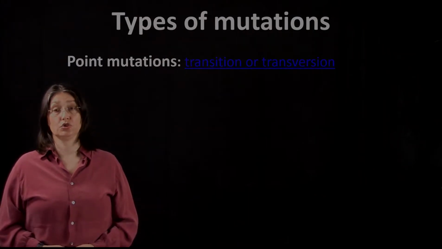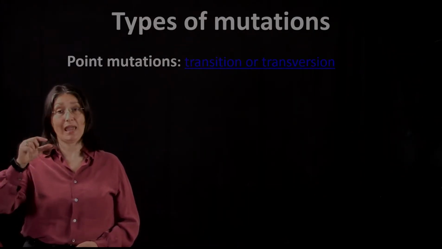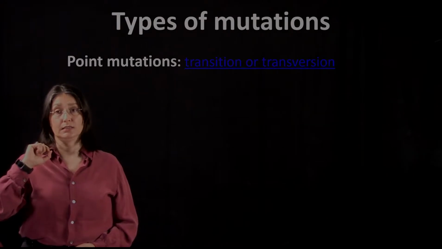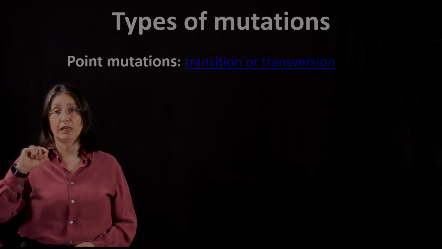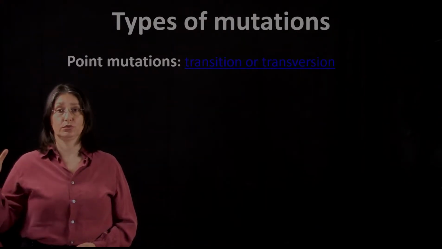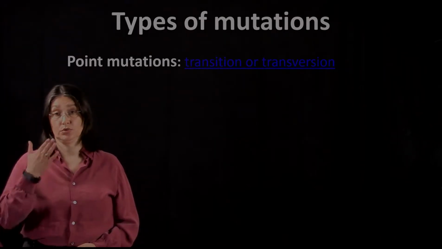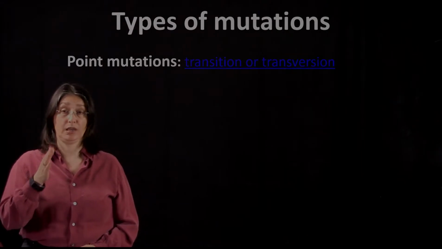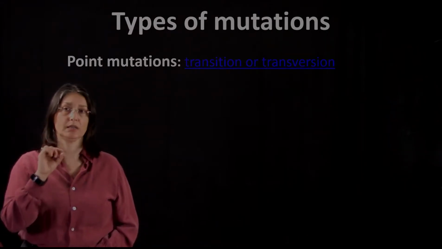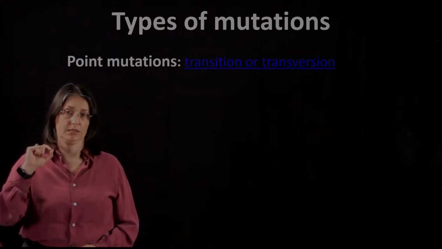It's just one pair of nucleotides that is different or changed compared to the copy of the DNA that this new DNA was copied from. And so it's just one pair of nucleotides.